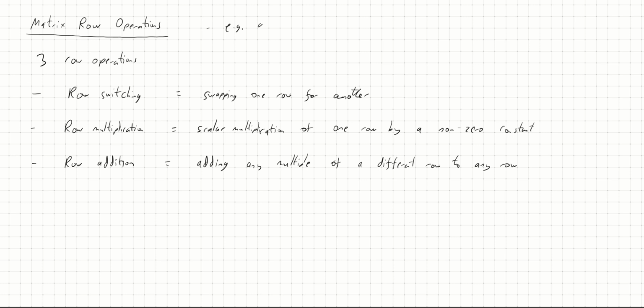And just to say at the top, these are the things used, e.g., in Gaussian elimination or the Gauss-Jordan method.